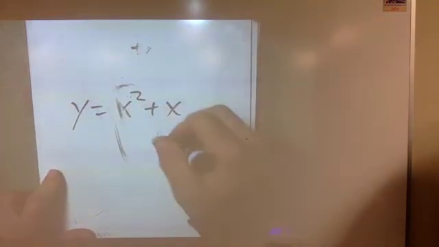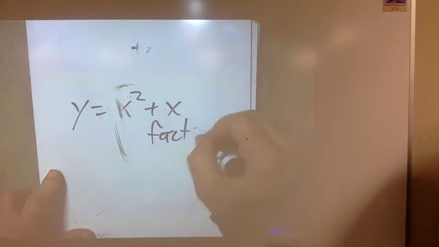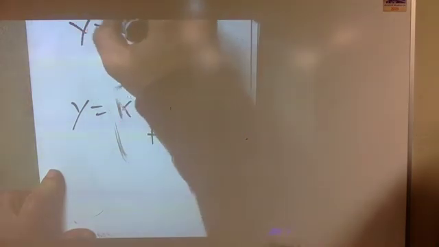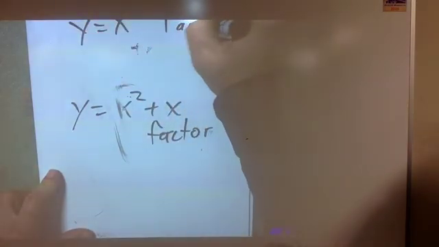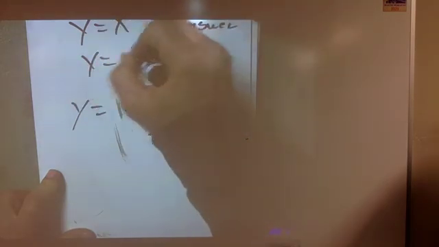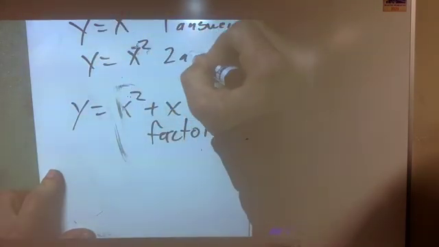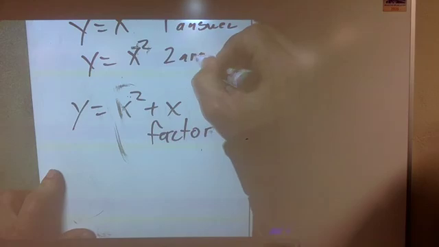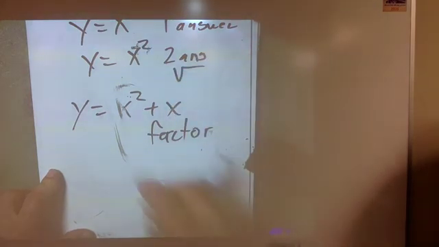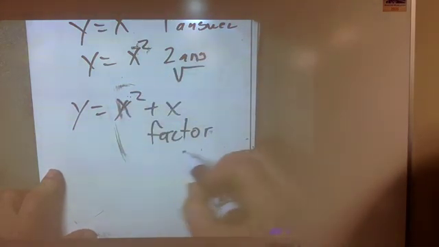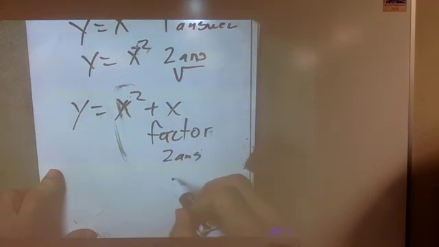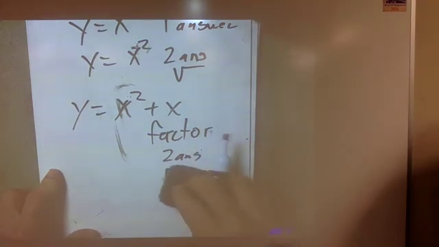You have to factor it. So y equals x, one answer. Y equals x squared, two answers, and you take the square root. Y equals x squared plus x is two answers, and you have to factor to find it.